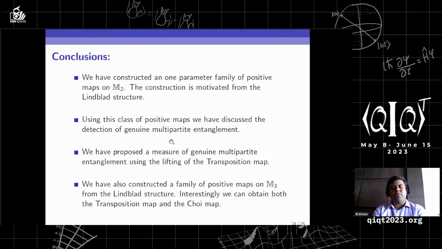And finally, we have also constructed a family of positive maps on M3 from the Lindblad structure, from which we get both transposition and two variations of the Choi map. One is decomposable, one is indecomposable. So in some sense, transposition and the Choi map are both famous maps in the theory, but they have some connection, maybe.